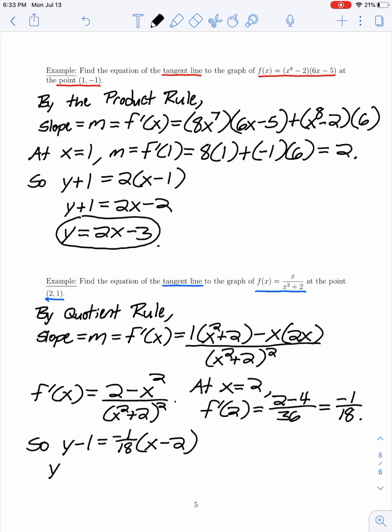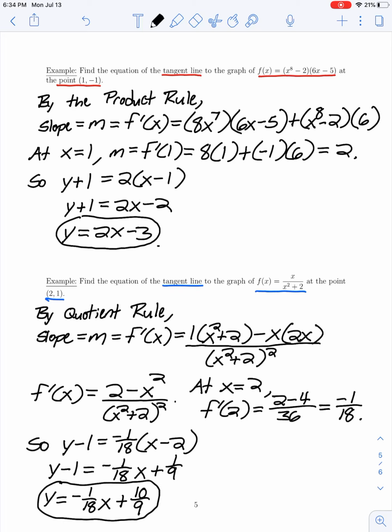So simplifying, we have y minus 1 is equal to negative 1/18 x plus 2/18, or 1/9. And then adding 1 to both sides, we have y is equal to negative 1/18 x, and then 1 plus 1/9 would be 10 over 9.